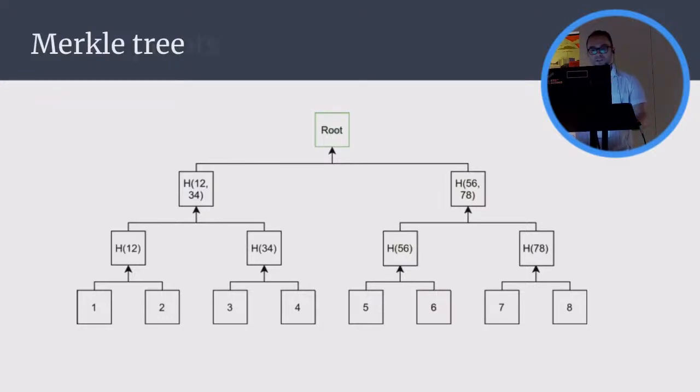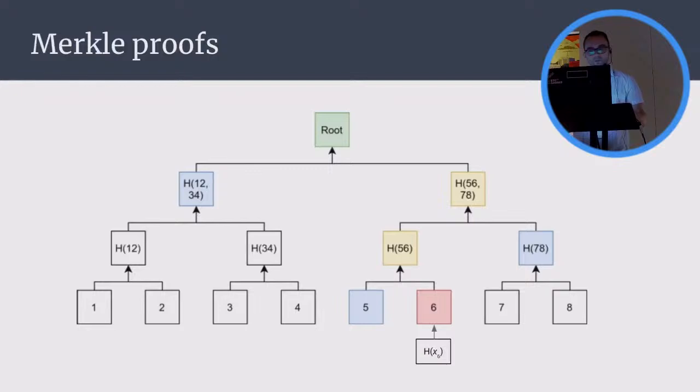The reason that's interesting is that now, if you want to prove that the value of a certain element, for example the 6th element here, is x6, then the other party just needs the Merkle root, which is what we computed before as the root of the tree. Then if you look at the path from leaf number 6 to the root, you only need all the brothers in this path: the node 5, the node 7, 8, and the node 1, 2, 3, 4.